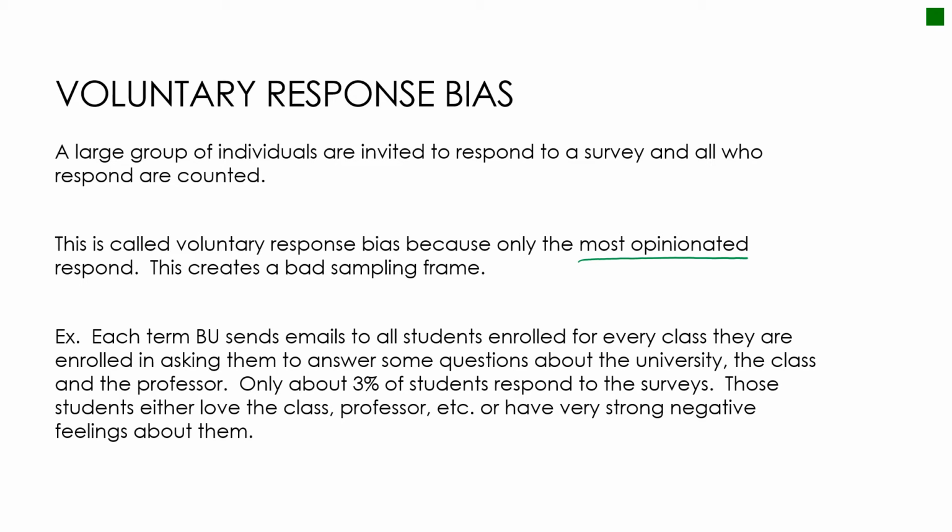For example, each term BU sends out emails to all students enrolled in every class they're enrolled in, asking them to answer questions about the university, the class, the professor. Only about 3% of students respond to those surveys, and I can tell you either those surveys are very, very nice or not so nice. So it includes only people who are very opinionated.